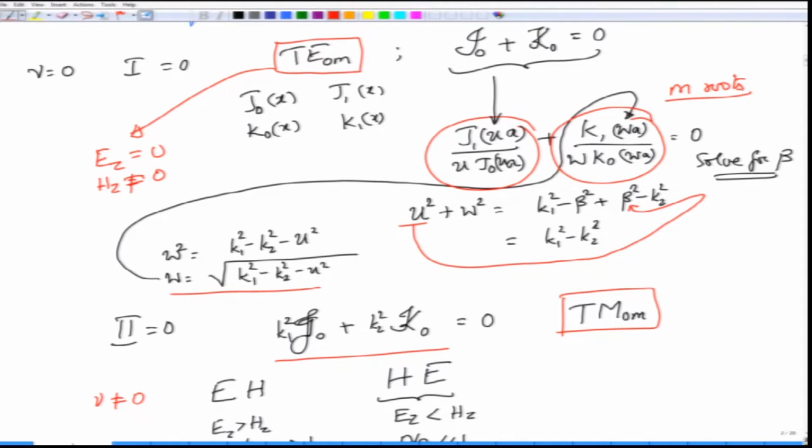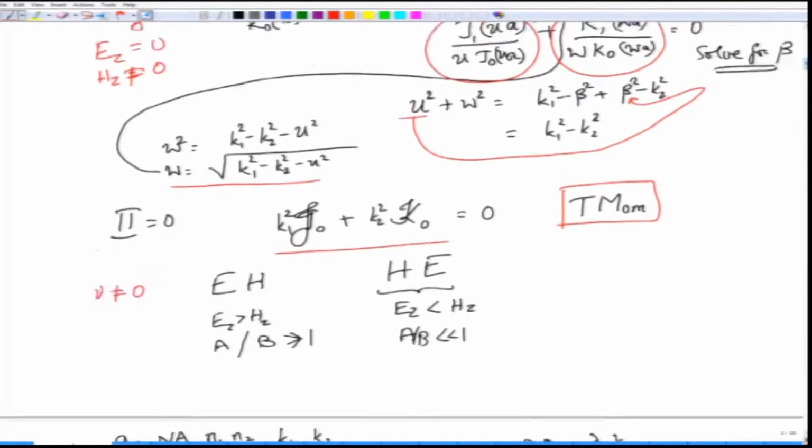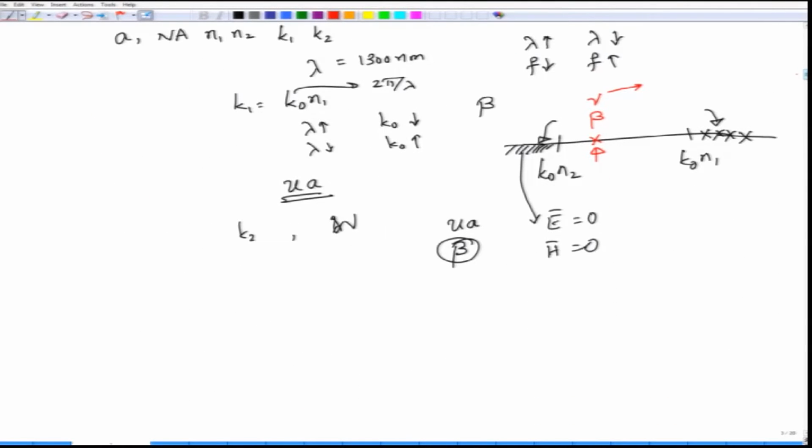The solution has m roots, and corresponding to these m roots of the equation, the value of propagation constant will also be different. Suppose this is the case with nu equal to 0 and m equal to 1, then corresponding to nu equal to 0, m equal to 2, the value of beta might go to this one, the value of beta might be here.